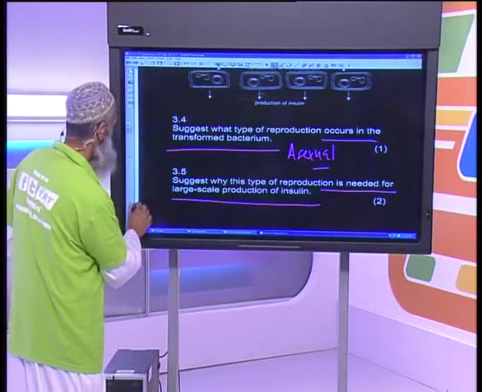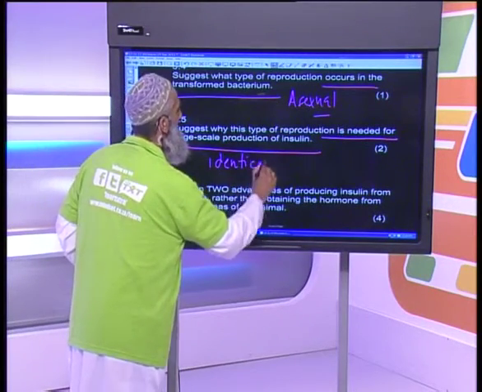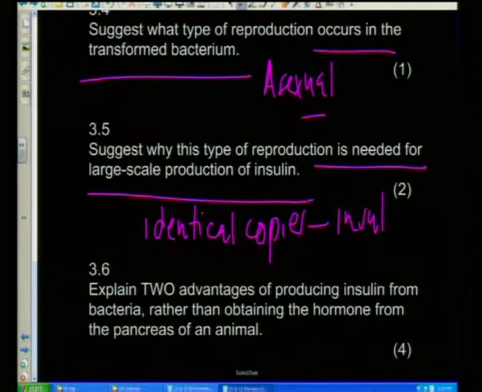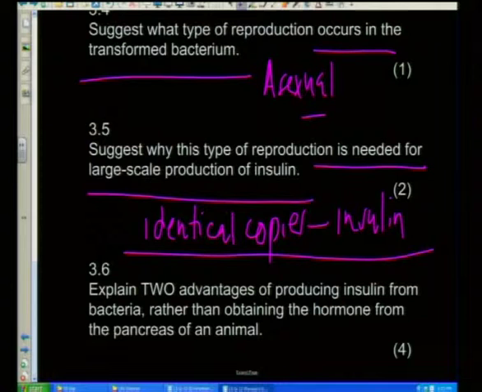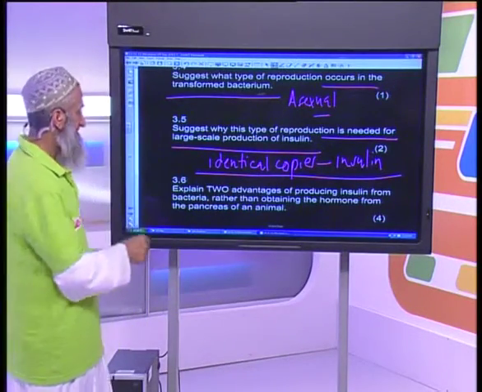So why do we need this? Because we want identical copies of the insulin. We do not want a variety here. In this case, variety is no good. We don't want to change it. We want it the way it is. That insulin must do the work for us.